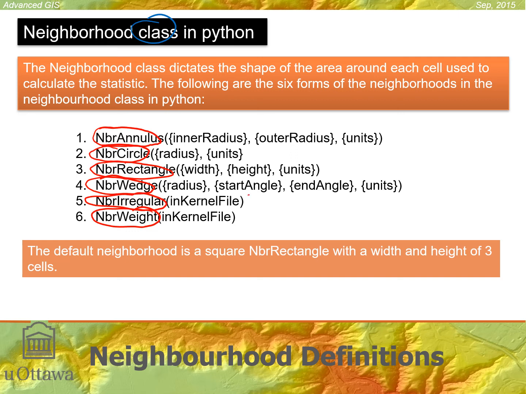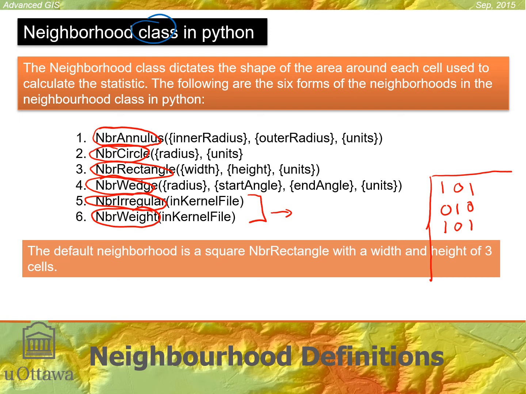We won't be looking at irregular ones, but those require a file with lines in it that specify the weights of the cells. So generally, if it's unweighted, it would be 0 and 1, so I might have a file that has something like this in it. So this is the file space, like in Notepad, and I might have a 1, 0, 1, 0, 1, 0, 1, 0, 1, or something like that.